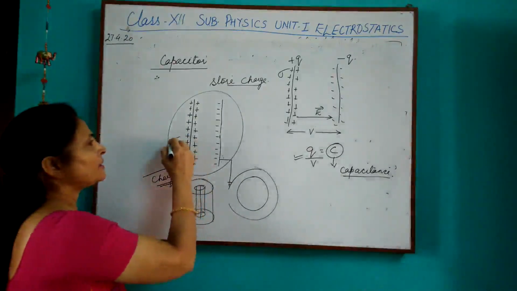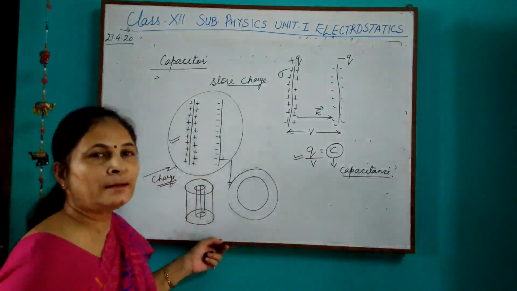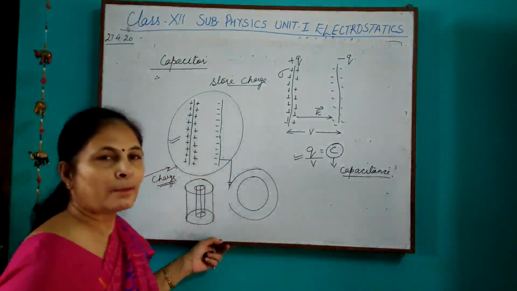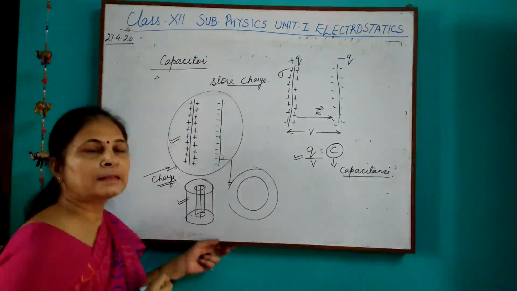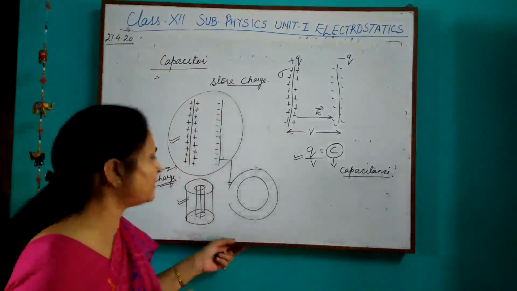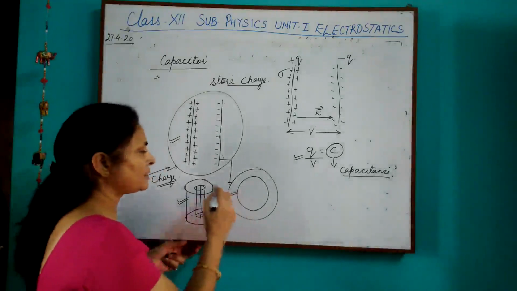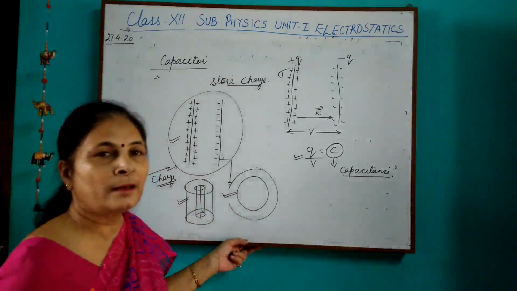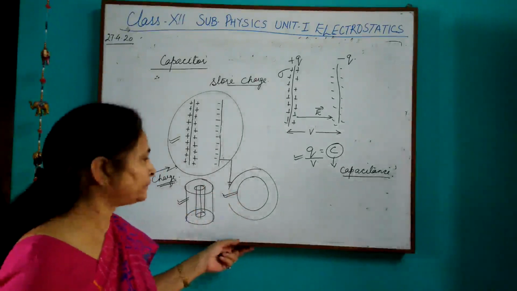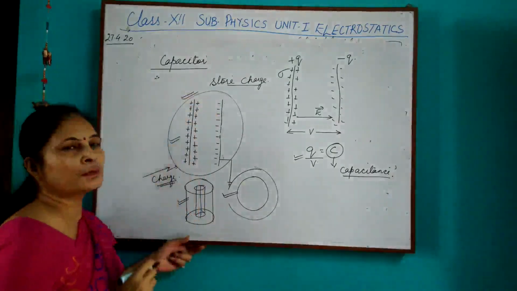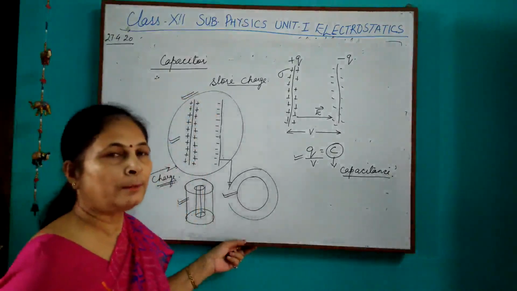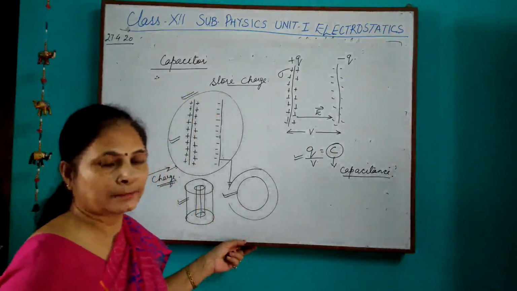This is known as a parallel plate capacitor. This is known as a cylindrical capacitor. This is known as a spherical capacitor. Now in our course, we'll only be talking about the parallel plate capacitor.